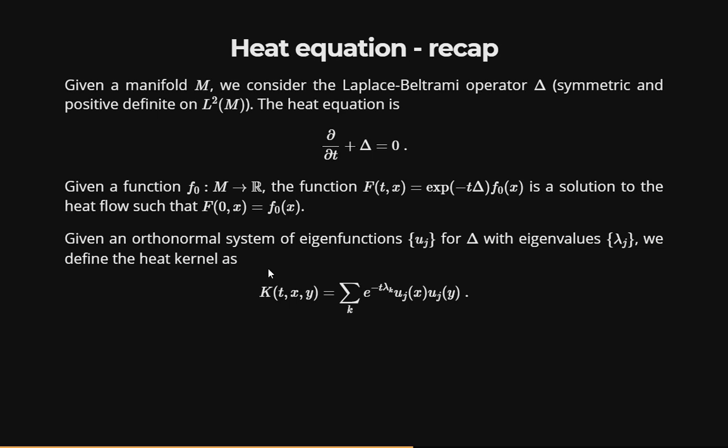And this is given by the heat kernel, which is this combination of the eigenfunctions of the Laplacian. And our solution of the heat equation is just the integral over M of the kernel times the initial data in the volume.